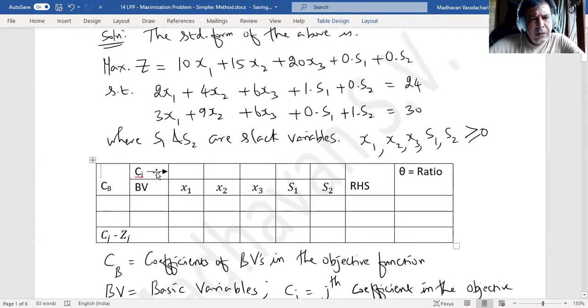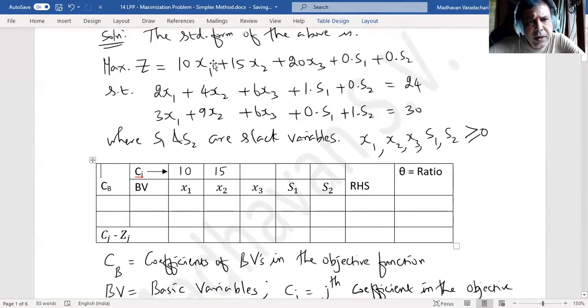These are all the jth coefficients of the objective function. If you look at x1, its coefficient is 10, so here I will write 10. Here I will write x2's coefficient, which is 15. J represents the number of variables, or number of columns.